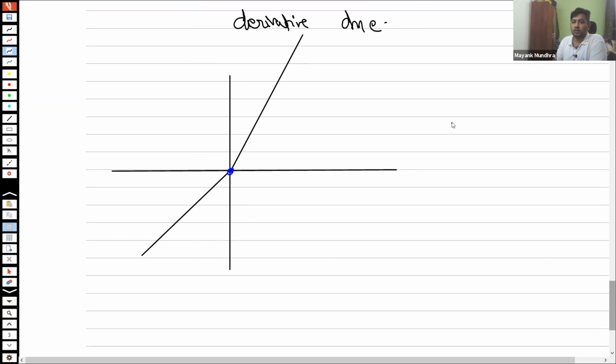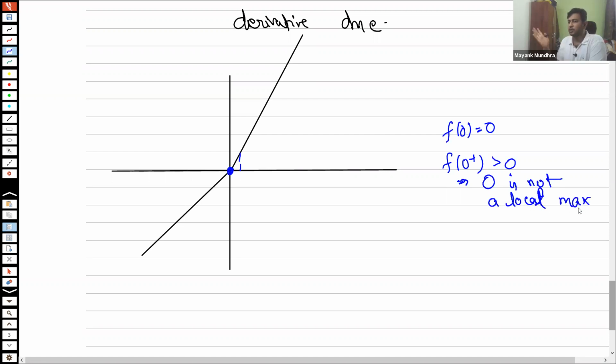So I know that f of 0 is 0. Any point to its right, f of 0 plus, will be greater than 0, which implies that 0 is not a local maxima. Any point to its right gives a higher value.